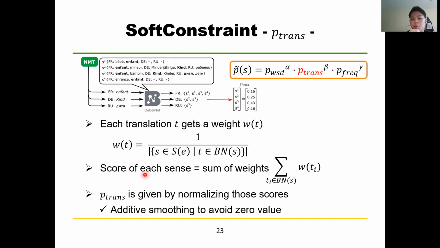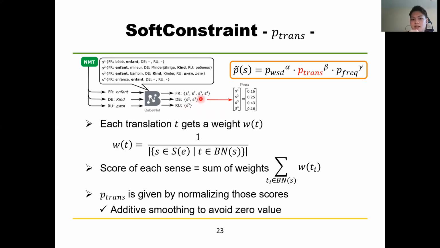After that, we compute a score for each sense based on the weights we just computed, taking the sum for each sense. In this formula, we assign higher weights to the senses which are mapped to more translations, because we consider that if the sense is mapped to more translations, that sense should be more appropriate based on the translations.